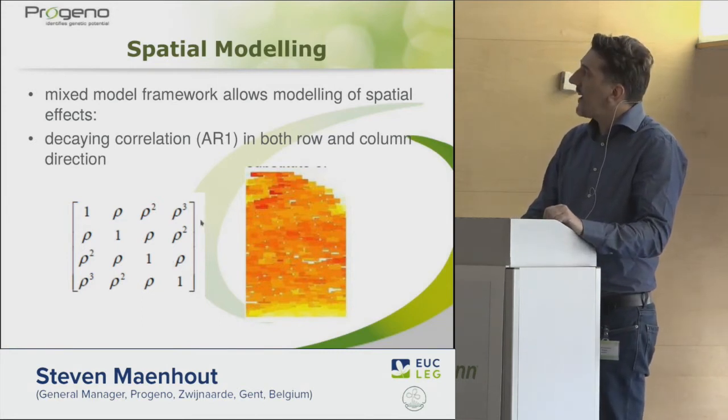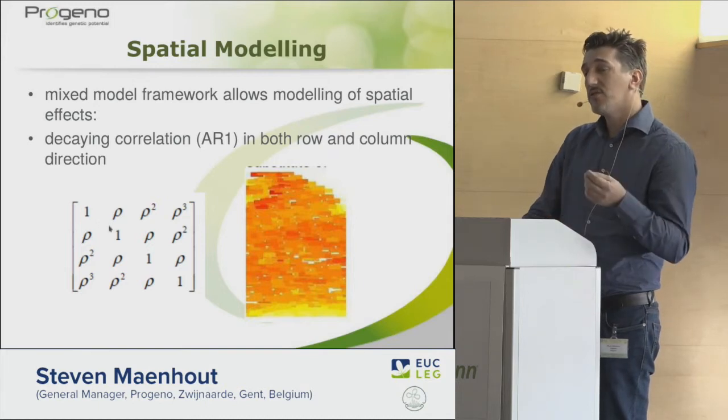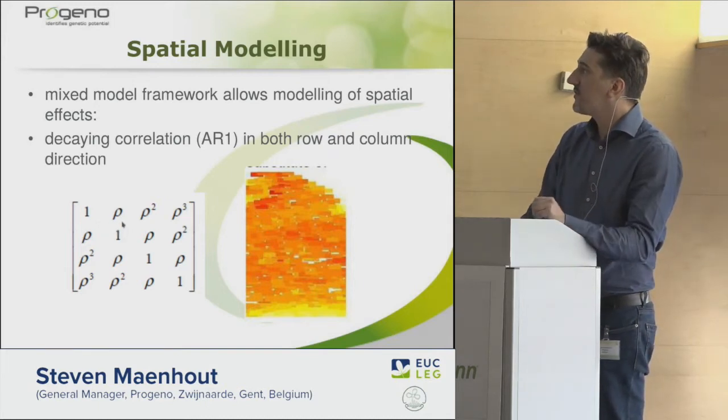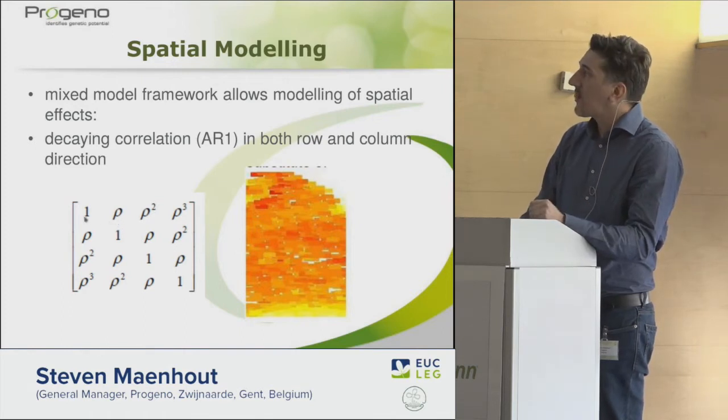But imagine that you have a trial with 4 rows. The idea is that we're looking at the observations that were made, and the assumption is that the non-genetic part, so the residuals of the observations, the part that is not related to genetics, has a correlation between the first plot and the second plot of this parameter rho.